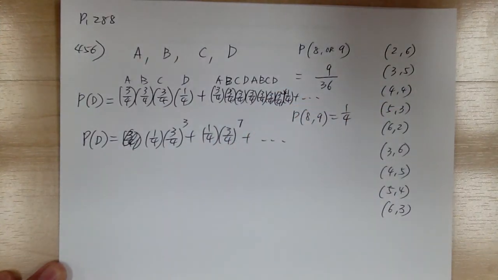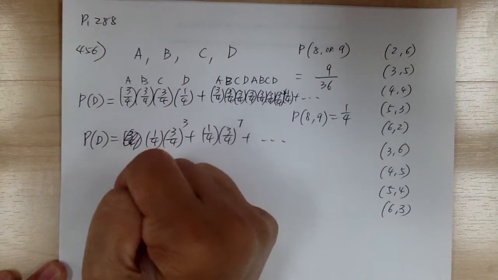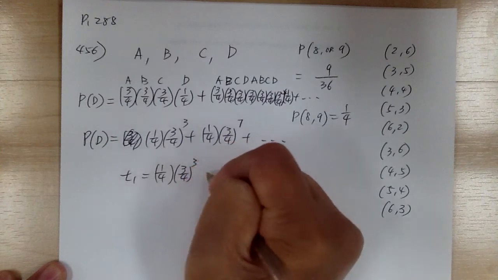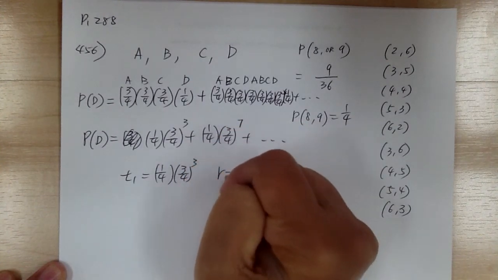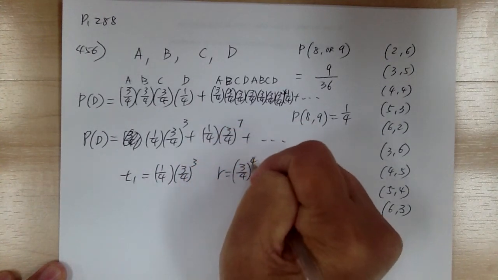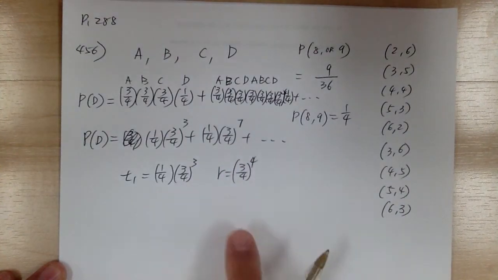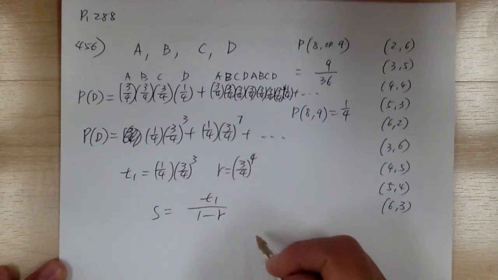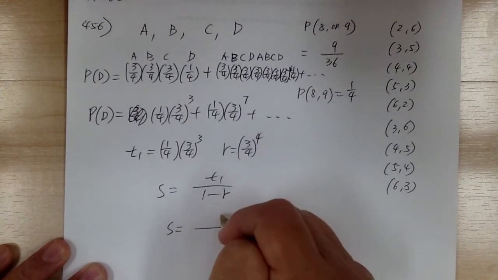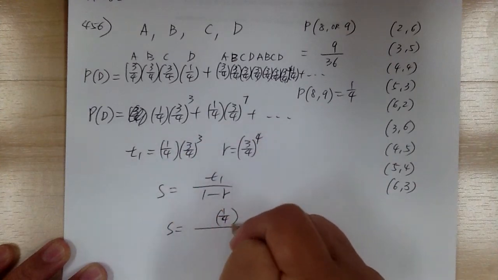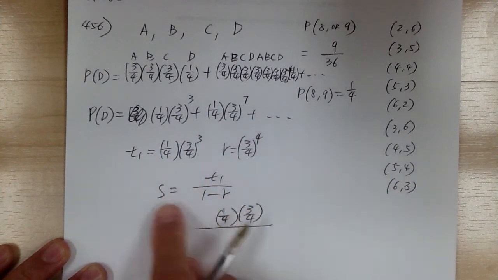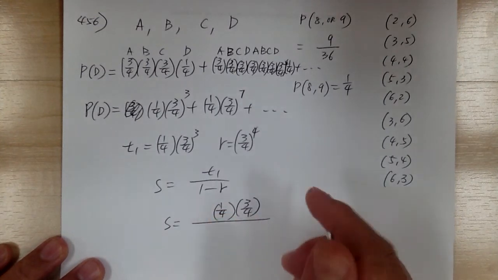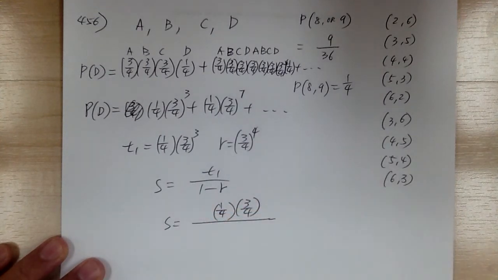So from here we can see that T1 is equal to 1/4 times 3/4 to the 3 power, and R is equal to 3/4 to the 4 power. The infinite sum would be T1 over 1 minus R. So the infinite sum would be 1 over 4, so T1. Remember, this is the probability that Doug did not survive, that he walked the plank.